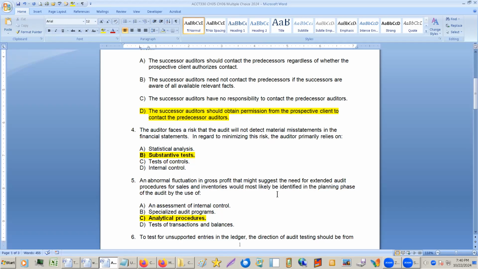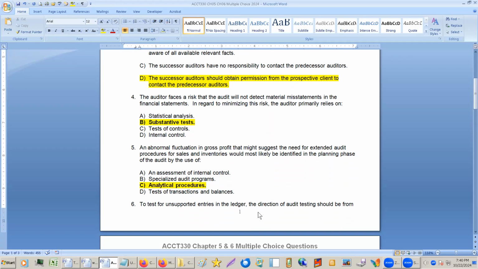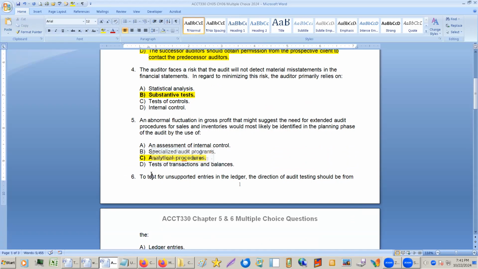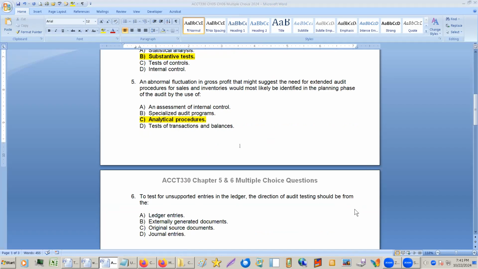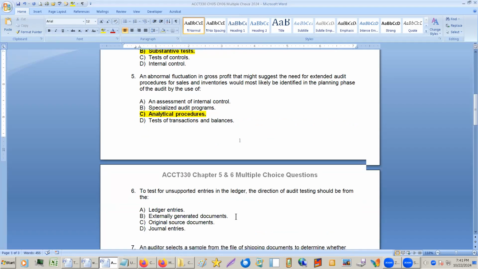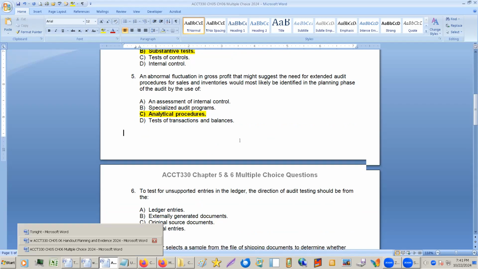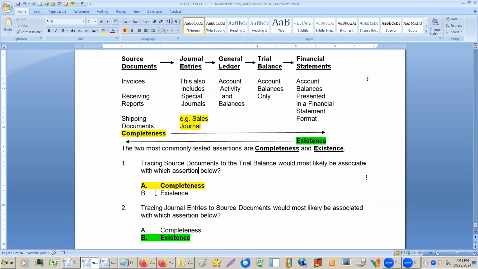Hey, someone picked E for 6. There's no E. It's D, most likely. To test for unsupported journal entries. Unsupported means that they're not supported, so journal entries that aren't supported.